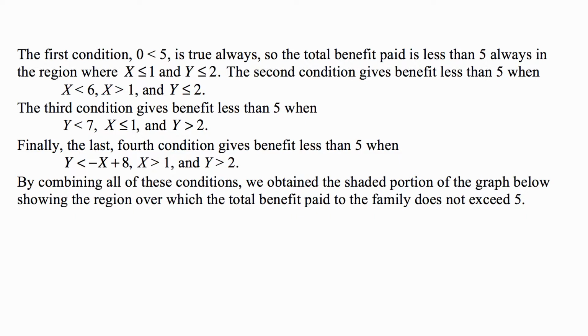By combining all of these conditions, we can graph the region where the total benefit paid to the family does not exceed 5, in the two-dimensional graphic showing the area where the joint density of X and Y is positive.